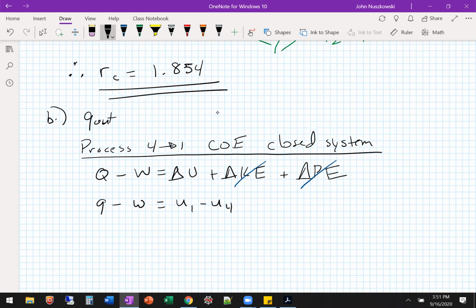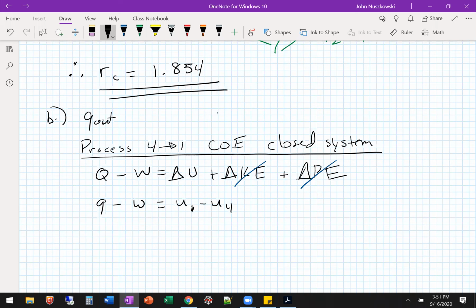All right, in the second state, state 1, and that process in the first state is state 4. So now we have this. Is there anything we can simplify, cancel? The volume's constant, so there's no work.